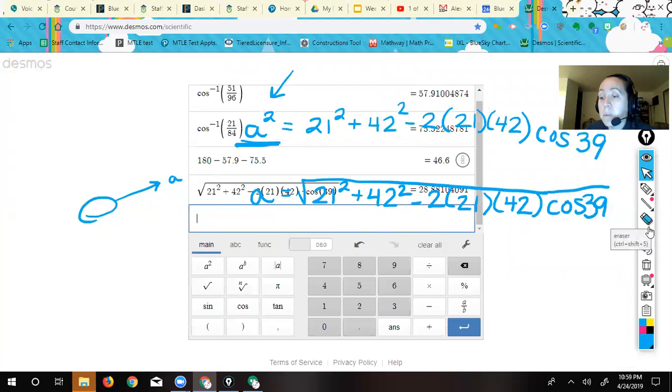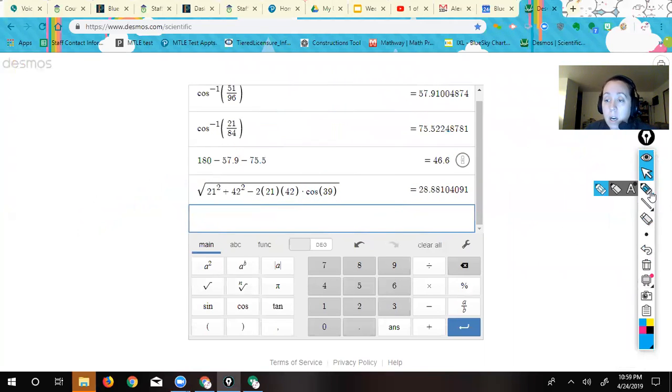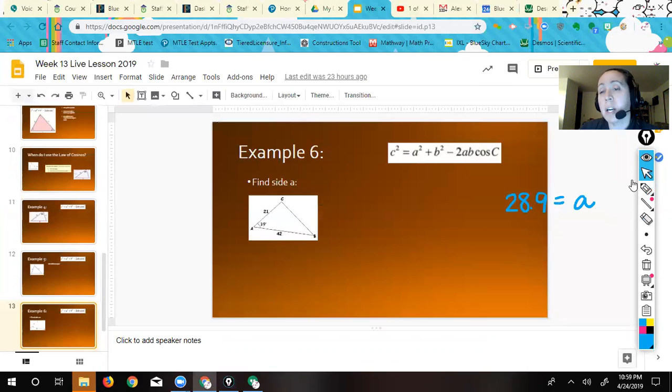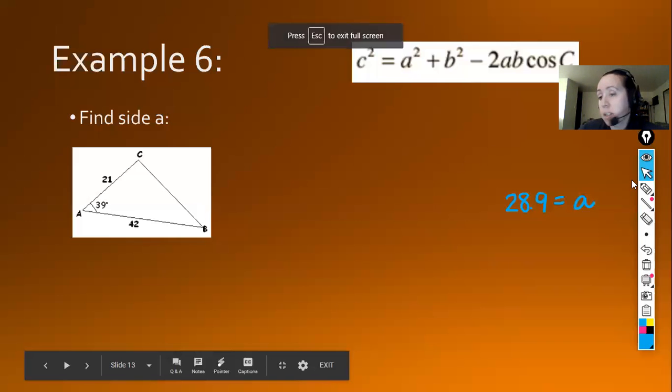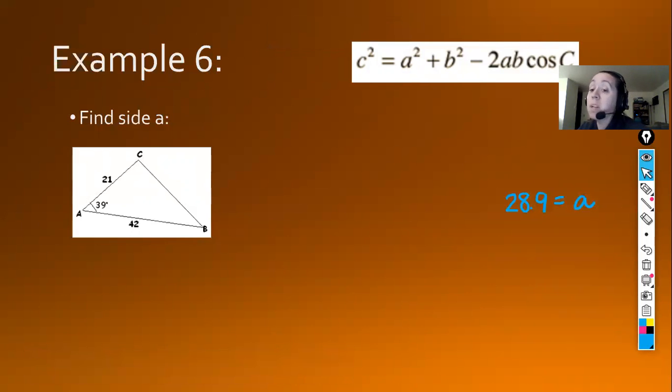So we end up with a side of 28.9, it would round to, for side A. When you're working with the law of cosines and the law of sines, it's going to be a lot of decimals as your answer, just because the calculations involve cosine. I'm pretty sure you guys won't have to do any simplest radical form, and if you do, let me know. Do the ask my instructor thing, and I will totally help you out. But yeah, 28.9 would be side A.